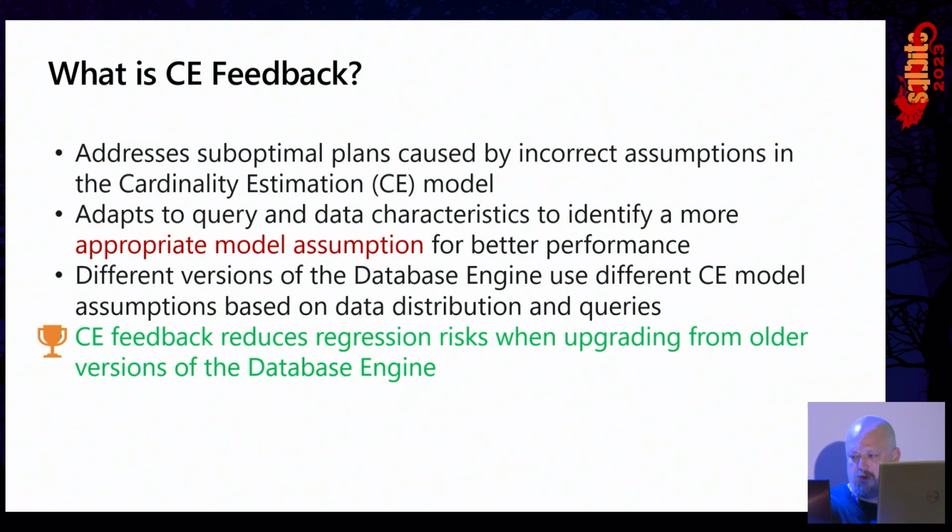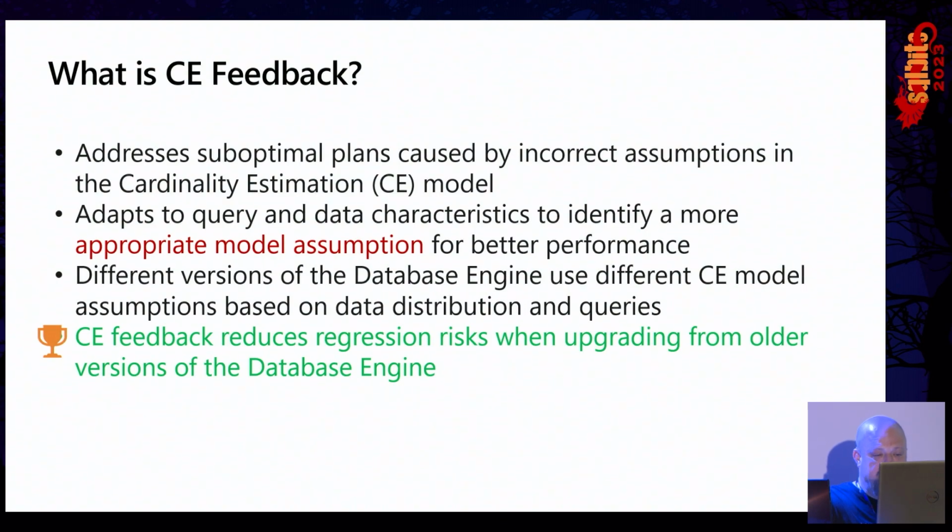So we know one model can't rule them all and perform well. So CE feedback in 2022 helps improve this by addressing suboptimal plans caused by incorrect assumptions. CE feedback adapts to characteristics of a given query and the data distribution to identify a more appropriate model for improved performance.